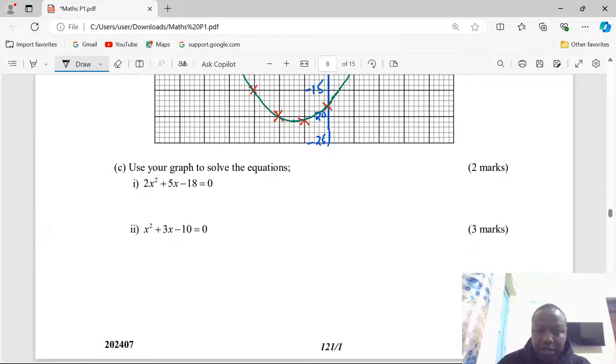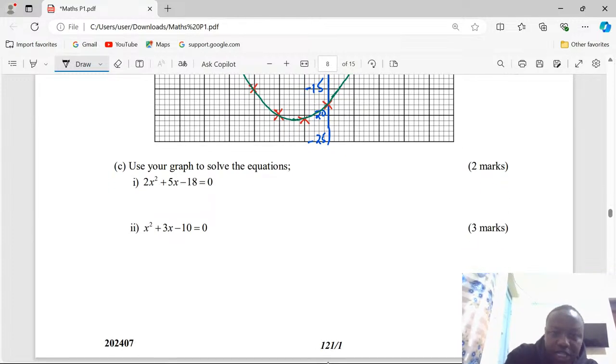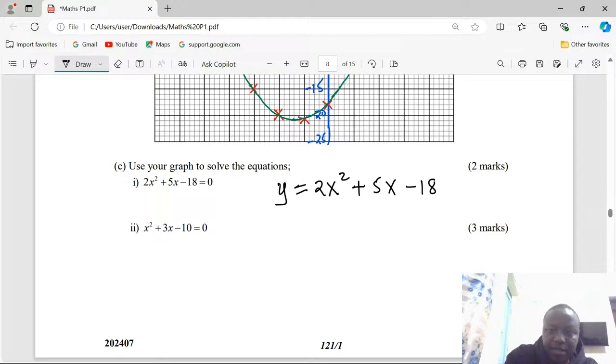The other equation, we again subtract it from what has been plotted. y equals 2x squared plus 5x minus 18. Then we have 0 equals x squared plus 3x minus 10.